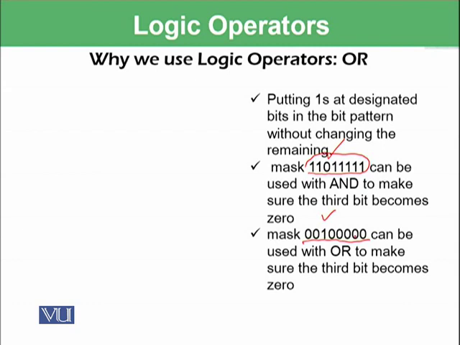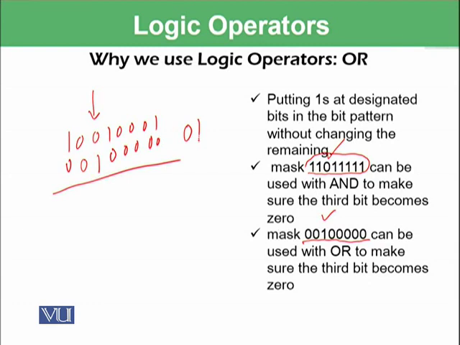So let's see, for example, you have a bit pattern 1 0 0 1 0 0 0 1, numbered 1 2 3 4 5 6 7 8. For example, we want to make this bit 1. So you can put 1, with other zeros, and perform the OR operation. You know it will become 1 and the others will remain unchanged, whatever was actually available in the input.